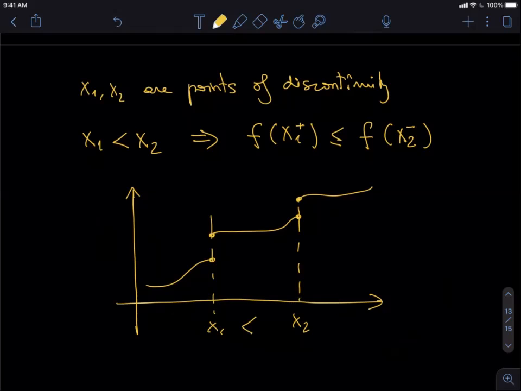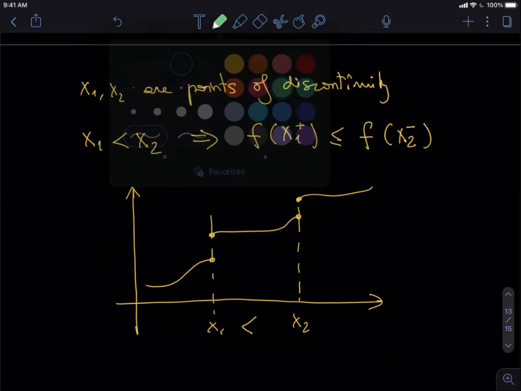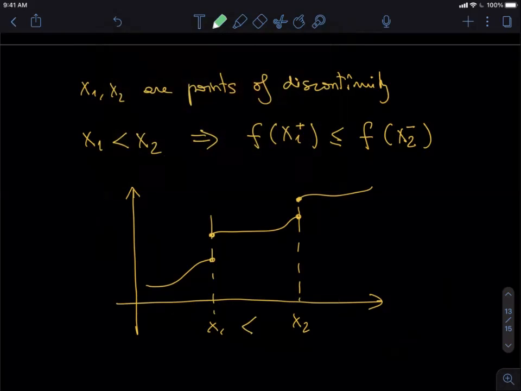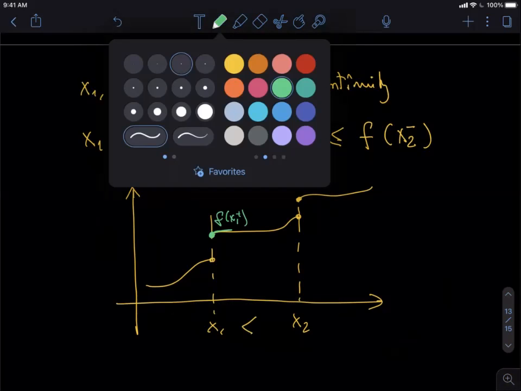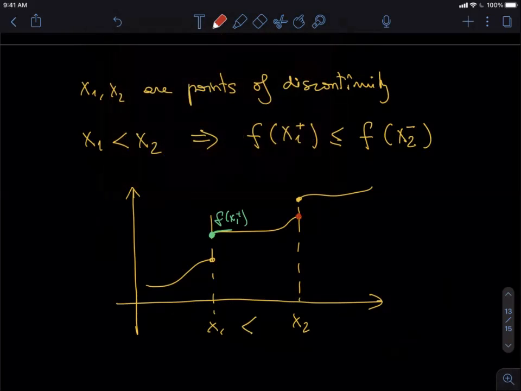Okay, but we are also seeing that here f of x1 plus, so the limit here, is less or equal than f of x2 minus, which is this one here.